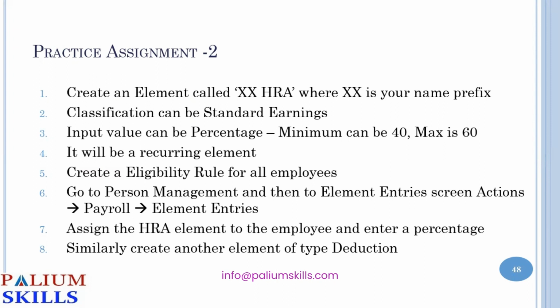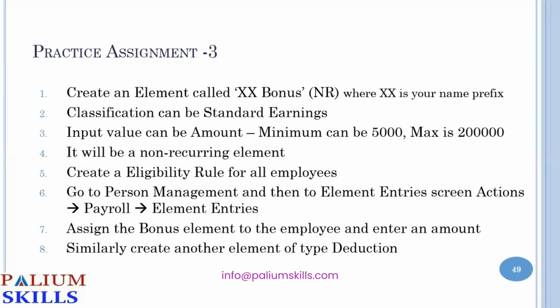Similarly, you can create another element of type deduction. You have an element called XX bonus, which is non-recurring, where XX is your name prefix. Here you can put a minimum 5,000, maximum 2 lakhs, and anything outside is not allowed. This will be a non-recurring element. HRA is recurring, salary is recurring.